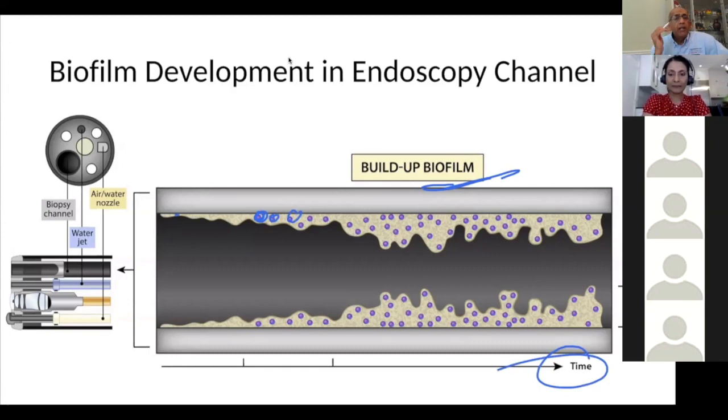So you can have a brand new scope and not clean it properly. You can create a biofilm right on day one. So something to keep in mind. So the key is to clean a scope immediately. That is the most important thing. And then properly. We're going to talk about these two concepts to avoid scope-related infections.